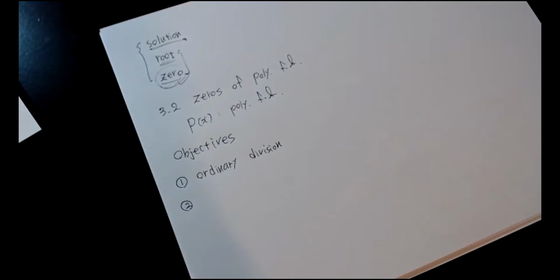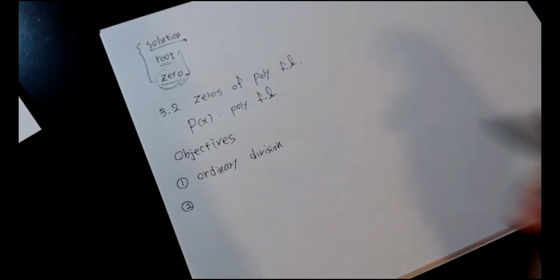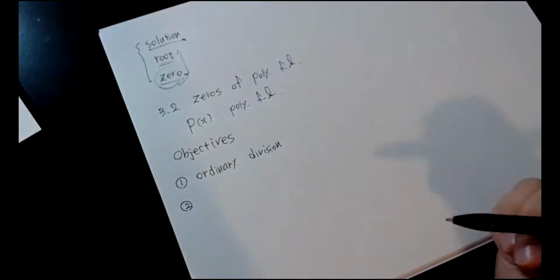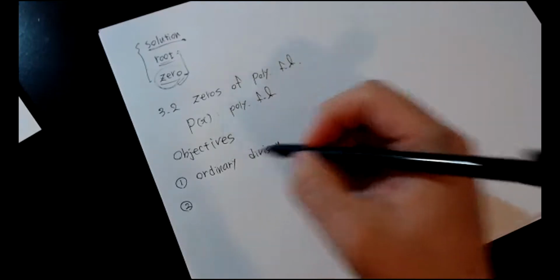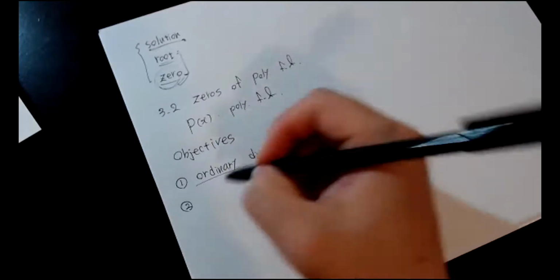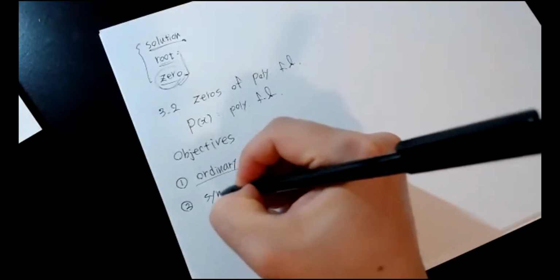To build up the strategy for finding zeros of a polynomial function, we're going to adopt theorems relating to division of a polynomial by a polynomial. First, we should know how to divide polynomial by polynomial. The first method is ordinary division. The second method is synthetic division.